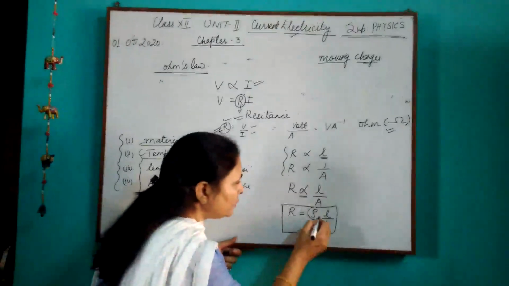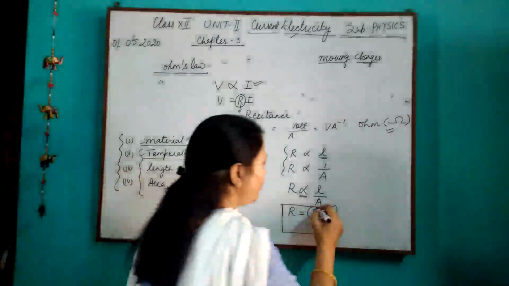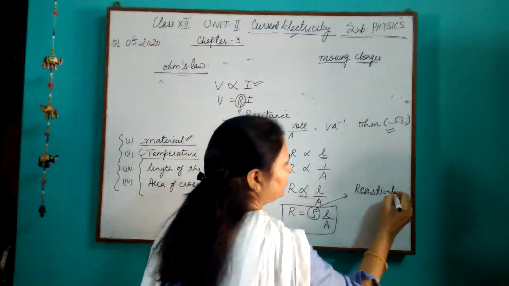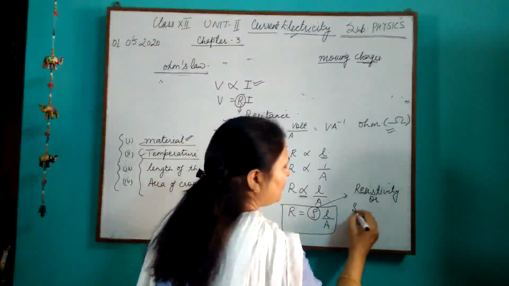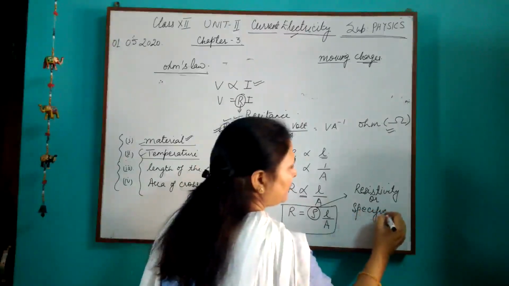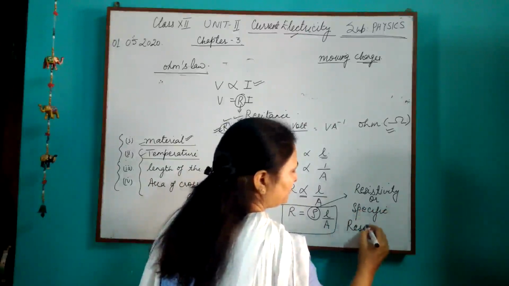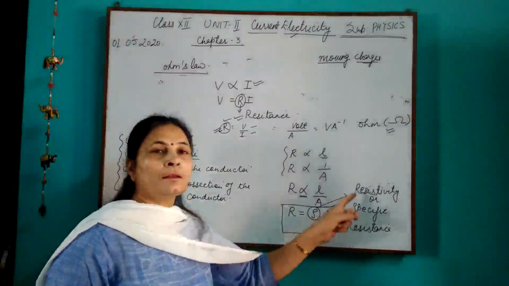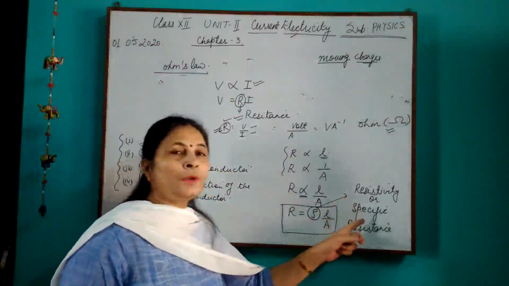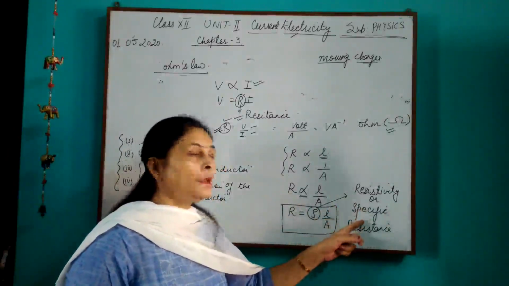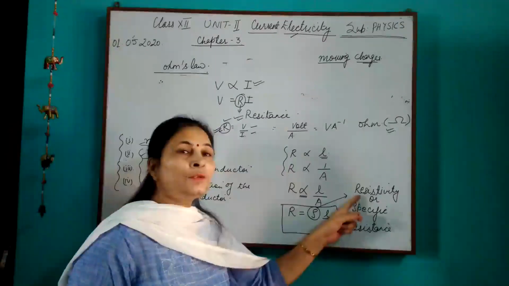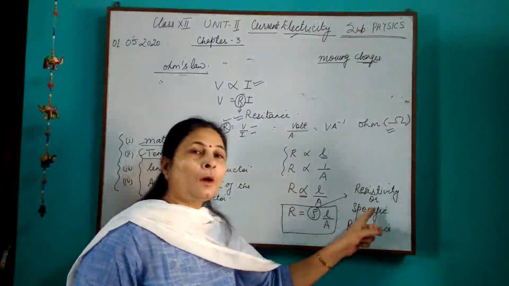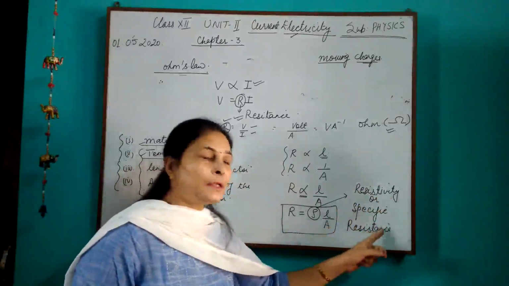Here, this is a new constant known as resistivity or specific resistance. These two terms are the same. This is a very common question asked in viva during the practical examination. So you have to remember that they are the same thing, resistivity or specific resistance.